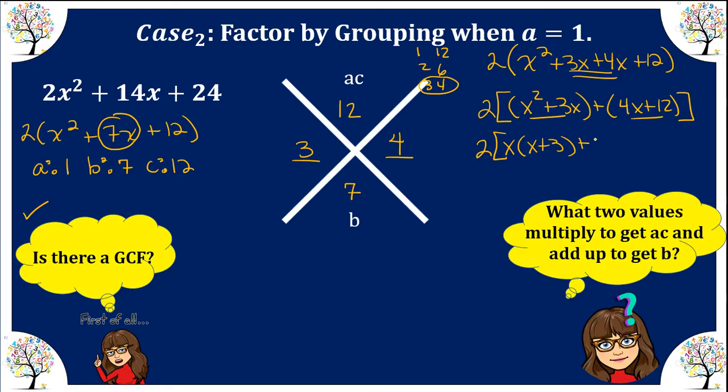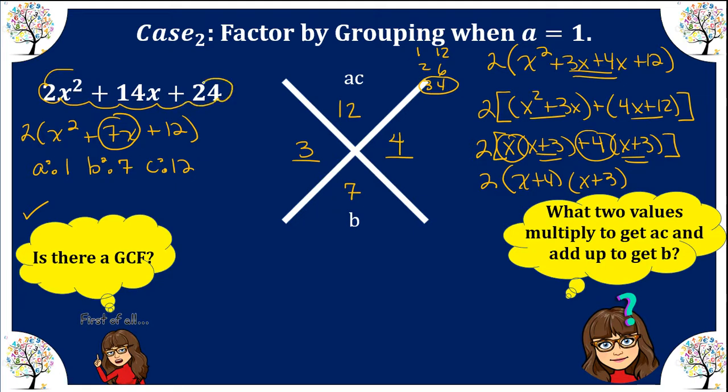Our second binomial has a GCF of 4. And now we're going to create one factor, x plus 4, and then the common factor is x plus 3. So this trinomial has three factors: 2, x plus 4, and x plus 3.